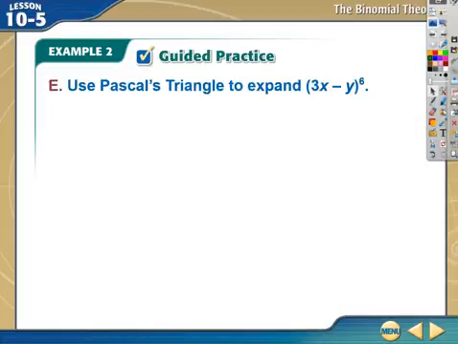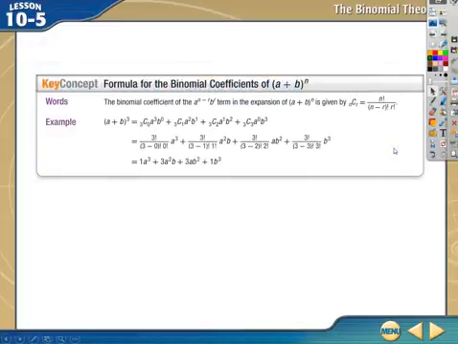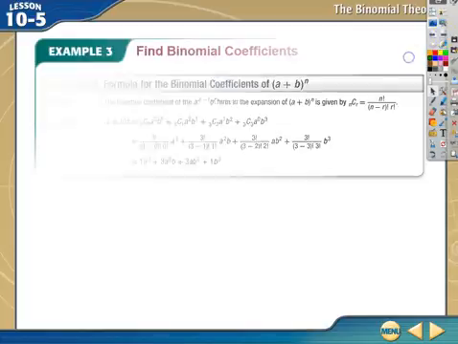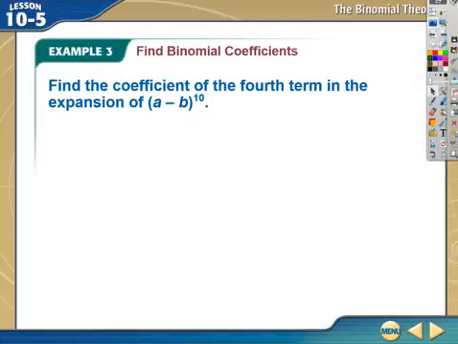I do have to cover one more section. Okay? And this part here, when I looked at the formula for binomial coefficients, it's a lot of gibberish. So I just came over and I said, let's try and make this as simple as possible. The types of questions that you would get for this is find the coefficient of the 4th term in this expansion. So here we are, and you're going, oh my God, no, mister, no, not the 10th level of Pascal's triangle.